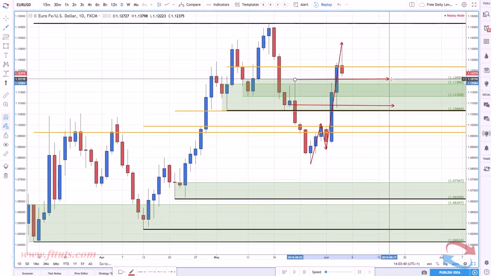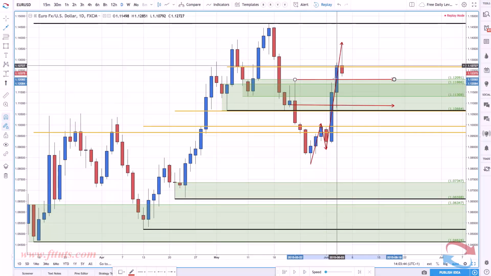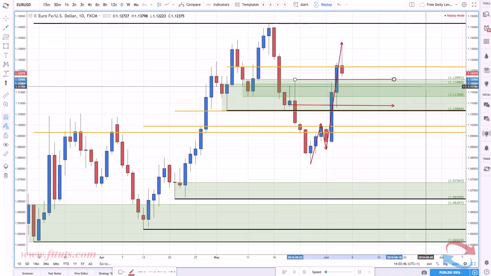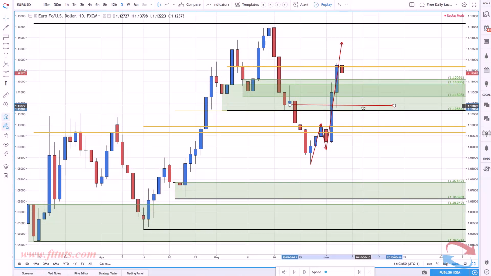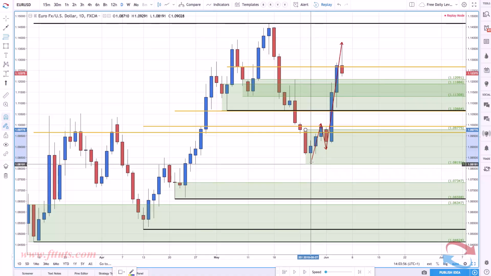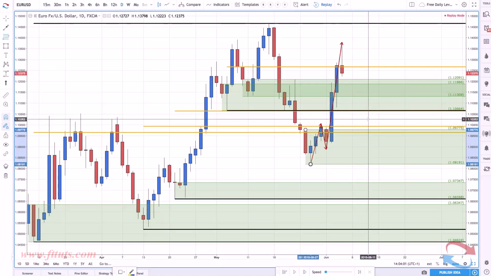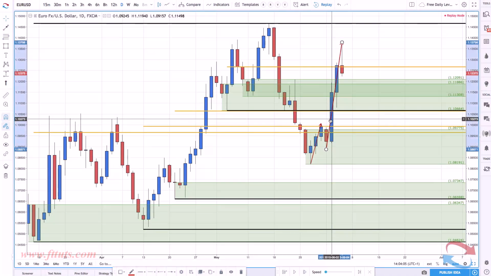So one of our odds enhancers is that we have to take out a level of supply, right? This demand takes out this level of supply, and this creates some demand. And really demand is between here and here, right? So let's get rid of some of these.